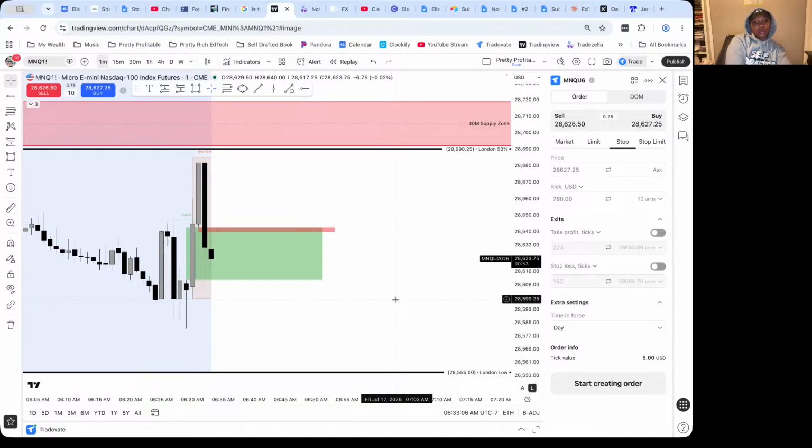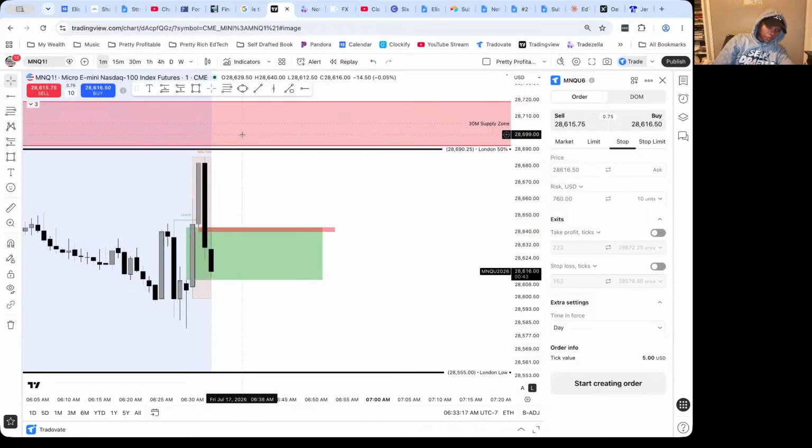So right now it's just being bearish. And even though this waked up, it didn't touch the zone.